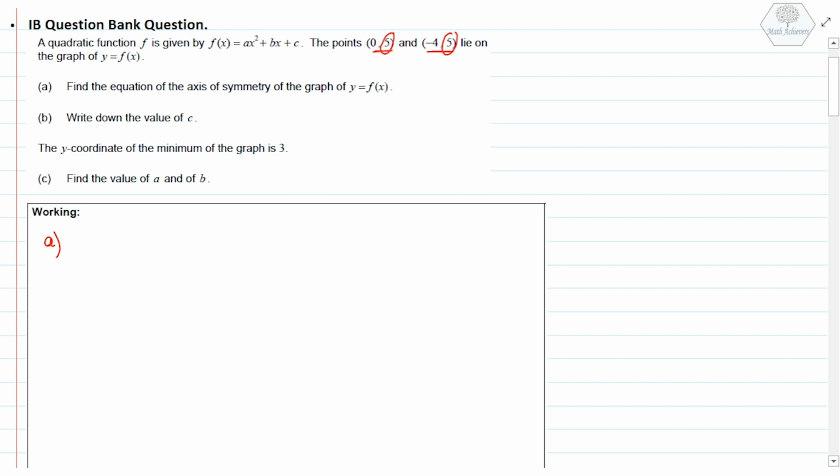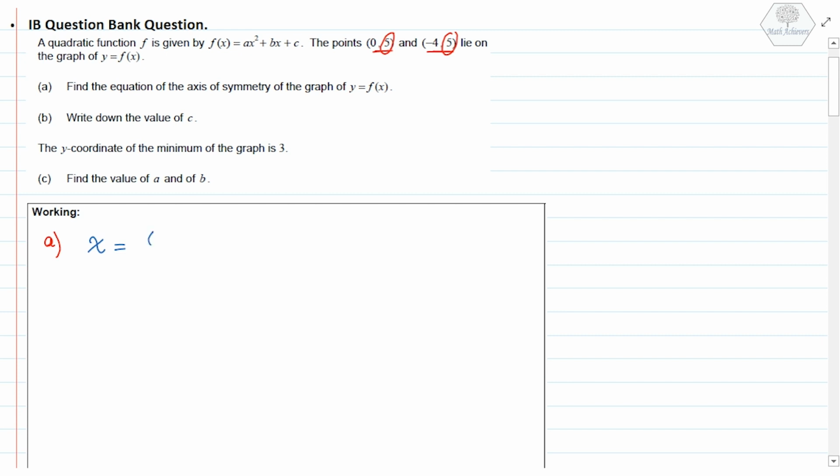Since the 5 is common, the x-coordinate of the vertex would be the average of the x values. So the equation of the axis of symmetry would be x equal to the line that cuts the shape in half. Since the y value is common, I'll be taking the average of the x values.